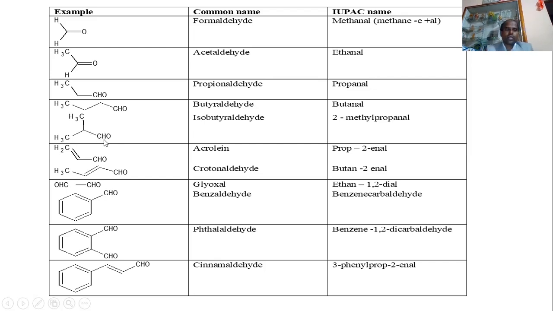formula. So let's take one more example. So that is CH2 double bond CH-CHO. Okay, for this the common name is acrolein. Okay, let's assign the IUPAC name for this. When we are assigning, we have to give 1 to the aldehydic functional group, second is here, third is for this CH2 group.